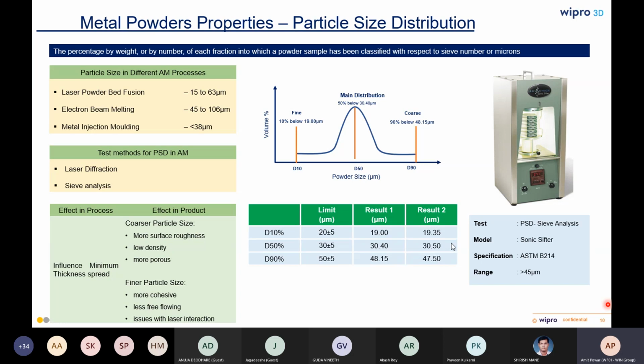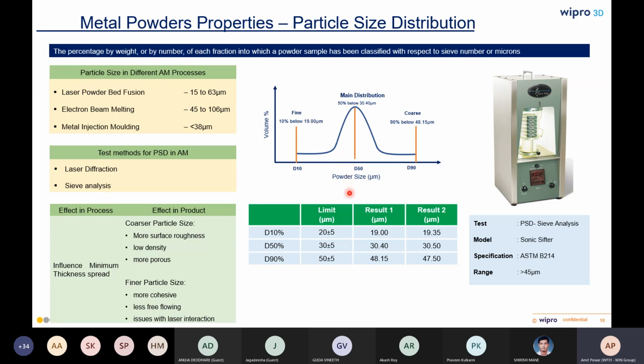When you do the laser diffraction, you will get micron values for D10, D50, and D90. So what do D10, D50, and D90 show? If D10 is, say, 19 micron, then only 10% of particles are below 19 micron.